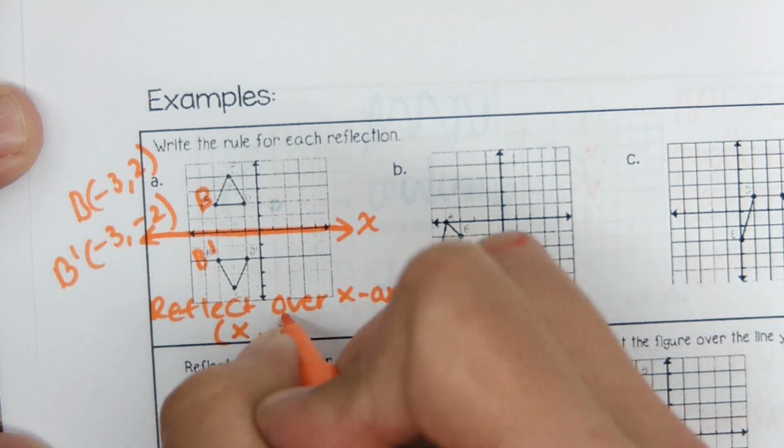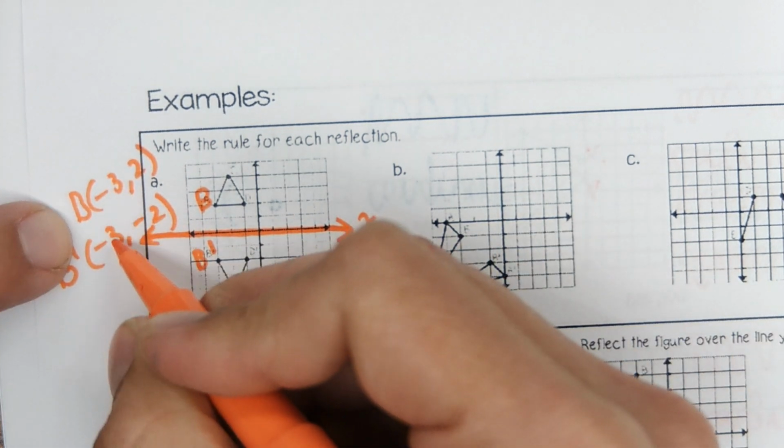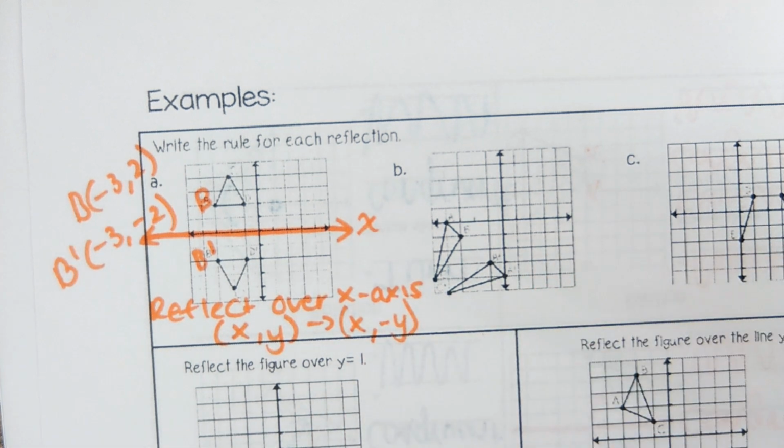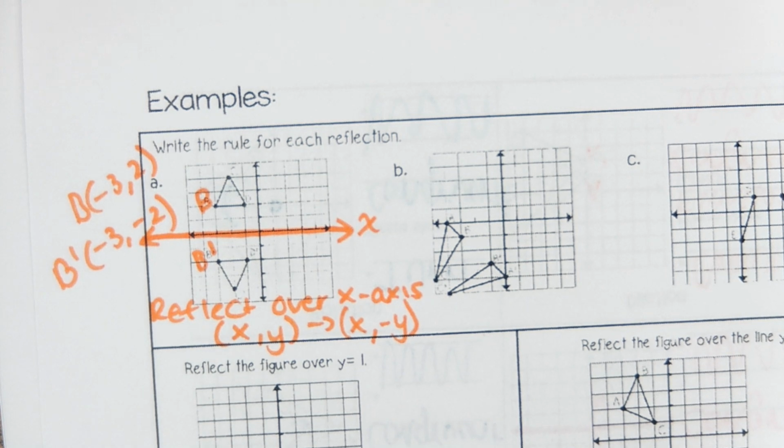So for (x, y), the x stayed the same, and the y changed signs. Which is the same thing that we have right here. x stays the same, y changes sign.